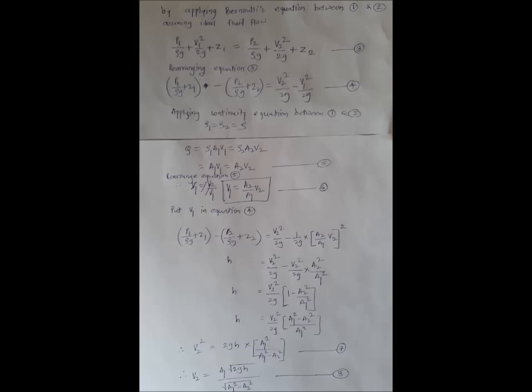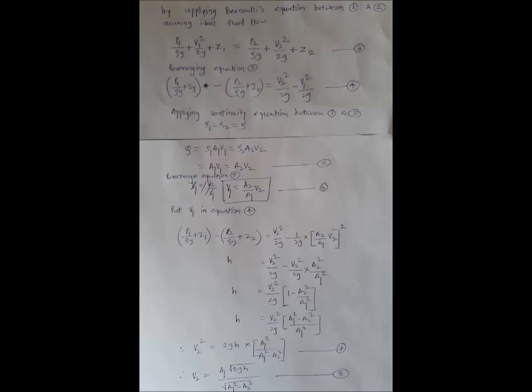Simplifying this, you will get H is equal to V2 square upon 2g into (1 minus A2 square upon A1 square). Again rearranging, equating the denominators, H is equal to V2 square upon 2g into (A1 square minus A2 square upon A1 square).